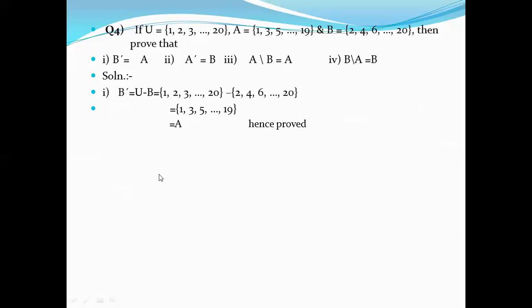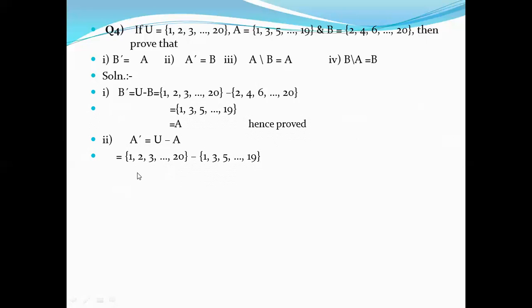Now come to the second part. Second part is A complement is equal to B. We have to find A complement. A complement is again universal set minus A. So universal set, 1 to 20 natural numbers, minus 1 to 19 odd numbers will be subtracted.